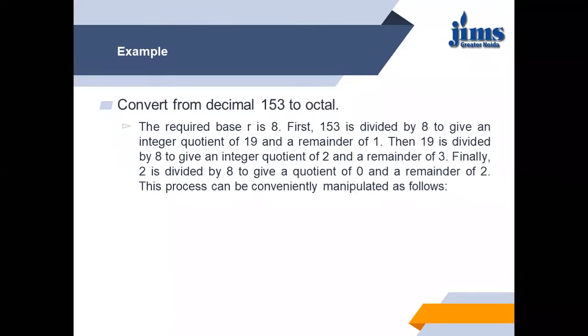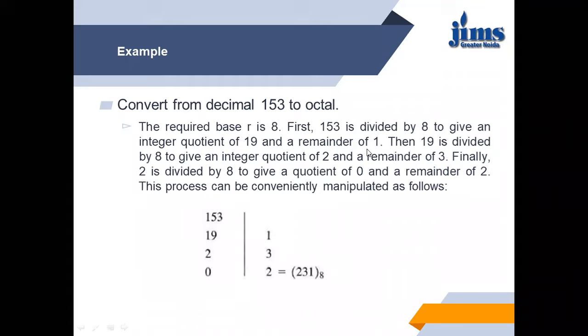First 153 is divided by 8 to give an integer quotient of 19 and the remainder 1. Then 19 is divided by 8 to give an integer quotient of 2 and the remainder of 3. Finally 2 is divided by 8 with a quotient of 0 and a remainder of 2, and the process can be conventionally manipulated as follows. Here we are dividing continuously by 8.